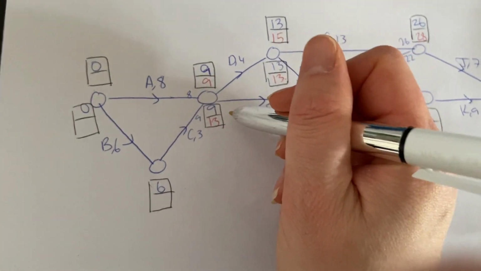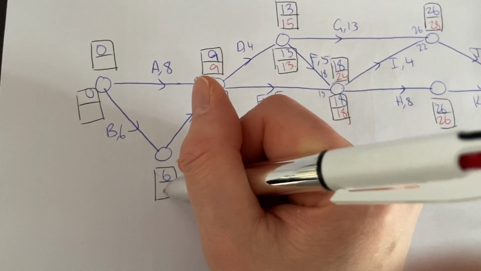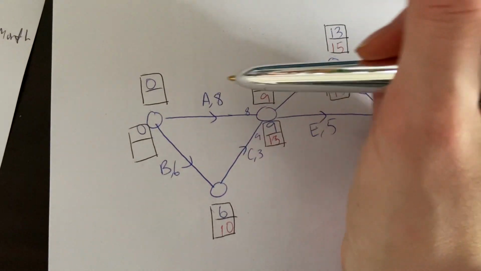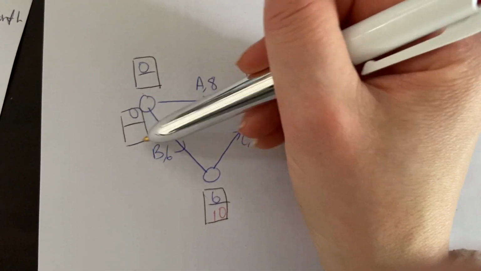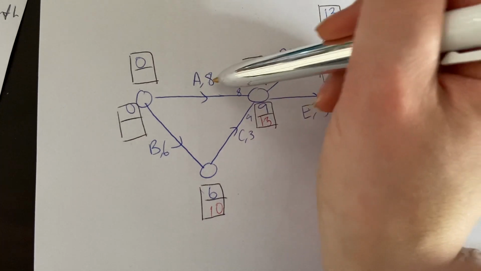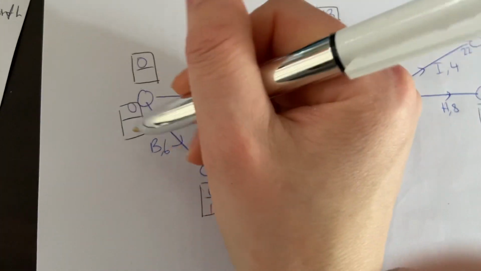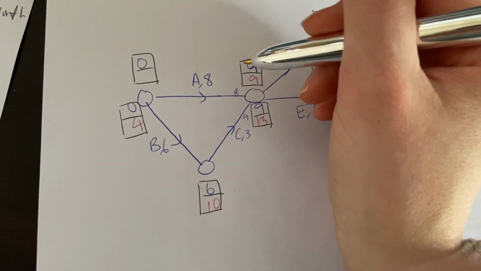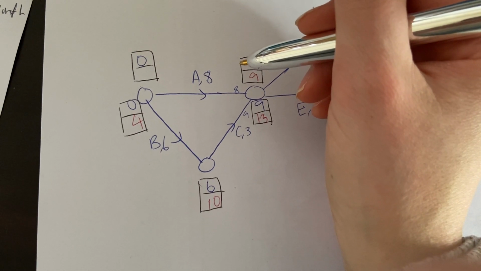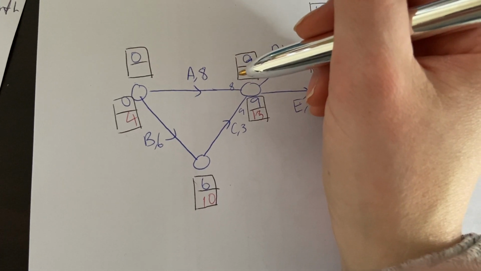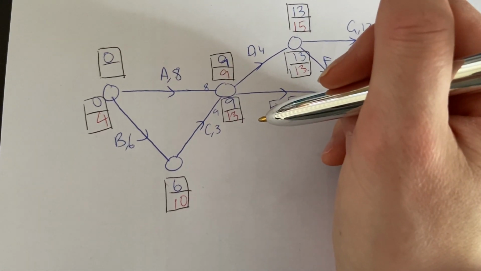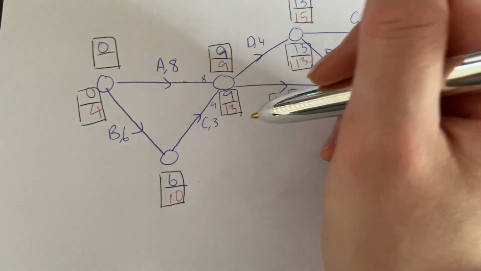Let's work down this bottom one because it's the easy one. 13 minus 3 is 10. And then this box is for B, this box is for A. 10 minus 6 is 4. Something's gone wrong there. Hang on, I think I did it again. See, I knew I would do that. I did that last time.